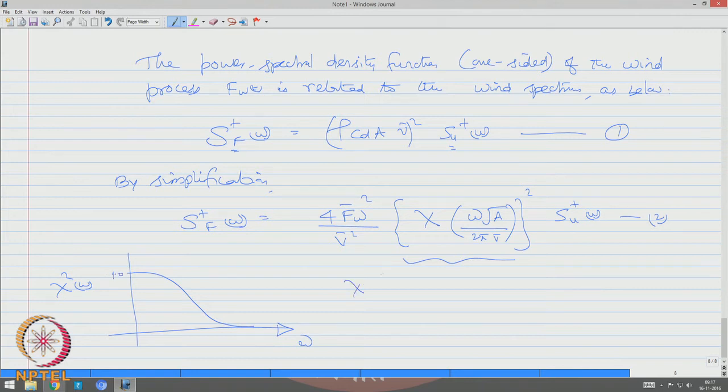So, it means chi of omega root A by 2 pi V bar tends to 1 when omega root A by 2 pi V bar tends to 0. That is what you see here. When omega root A by 2 pi V bar tends to infinity, the chi function tends to 0. So, that is the characteristic of this function.